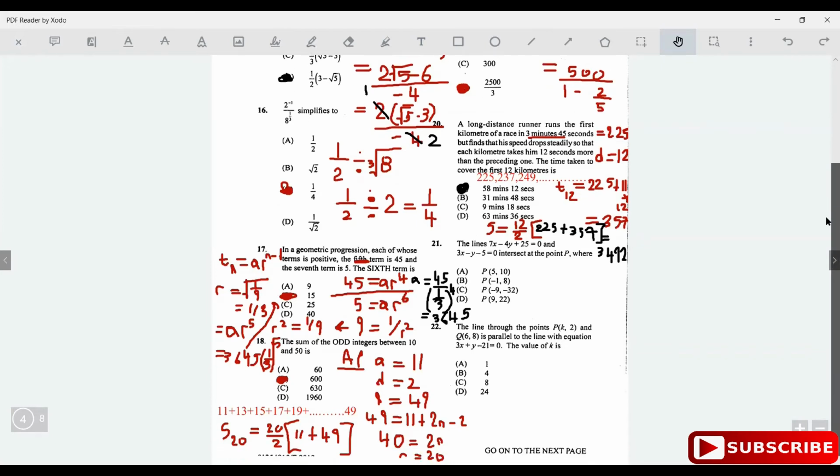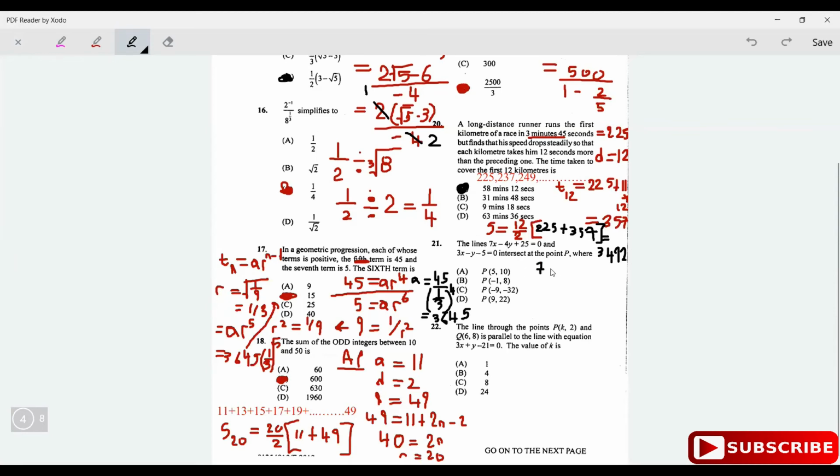Question 21. Question 21 says the line 7x minus 4y and the line 3x minus y minus 5 intersect at P. Find out what is P. So they want us to solve this pair of equations simultaneously.